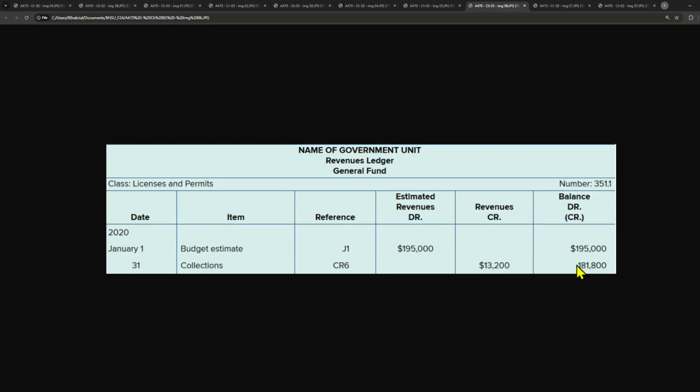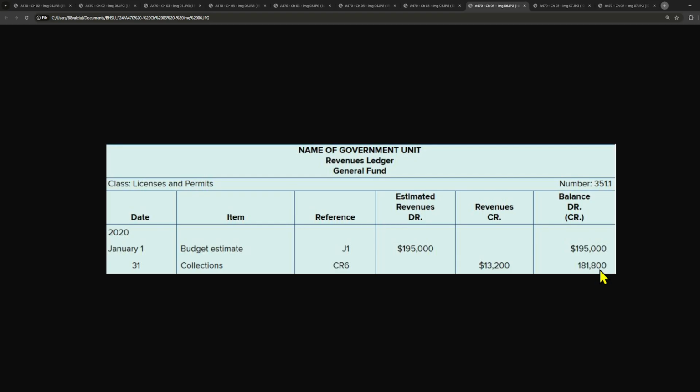And what does that balance mean? That means I still have, of the 195,000, I still have to collect 181,000 more, 181,800. And so the budgetary ledger is just showing me at any point in time, I don't want to call it my shortfall, but how much more do I have to collect before I reach my budget estimate?